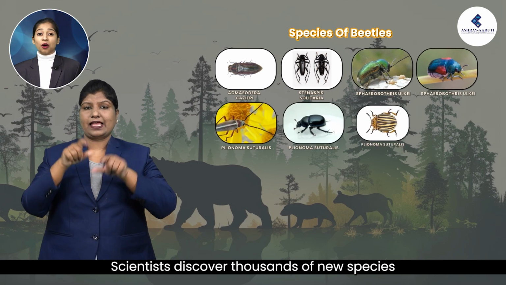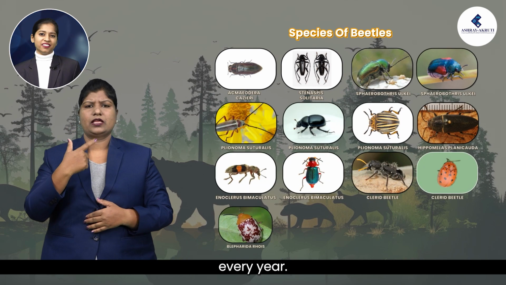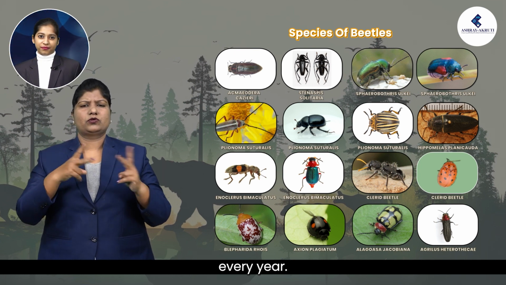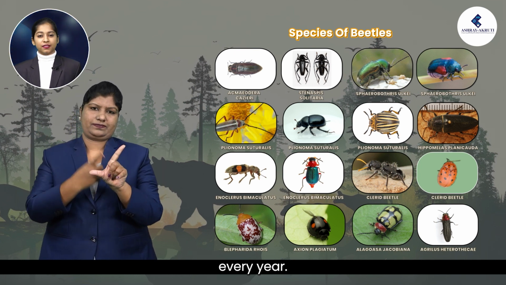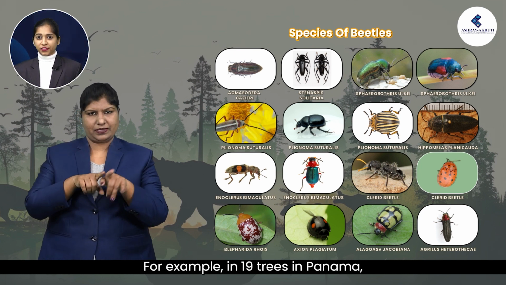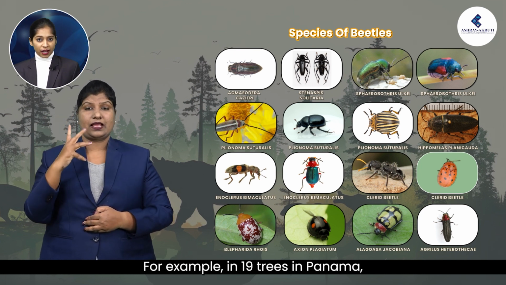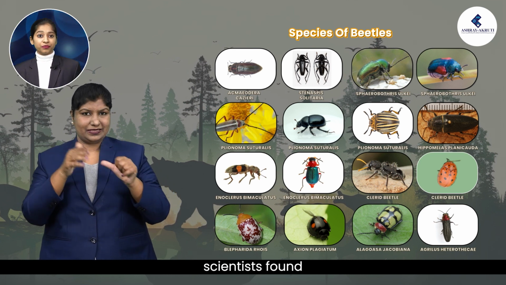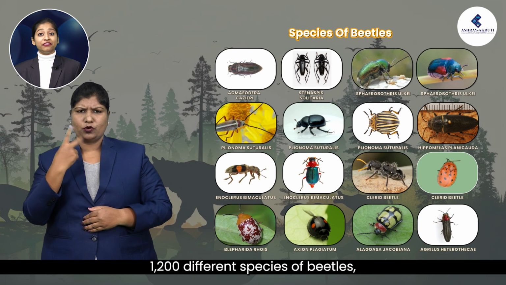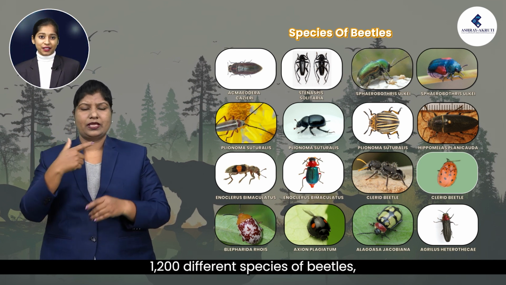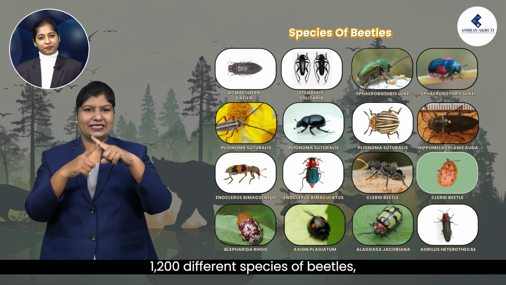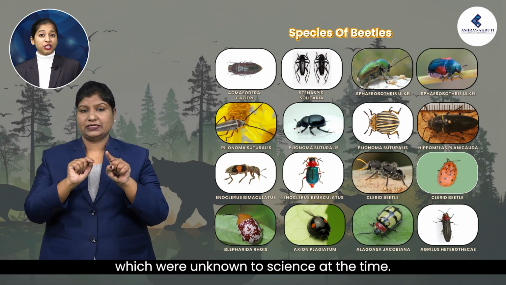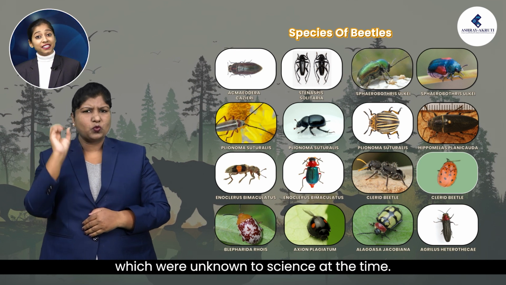Scientists discover thousands of new species every year. For example, in 19 trees in Panama, scientists found 1,200 different species of beetles, 80% of which were unknown to science at the time.